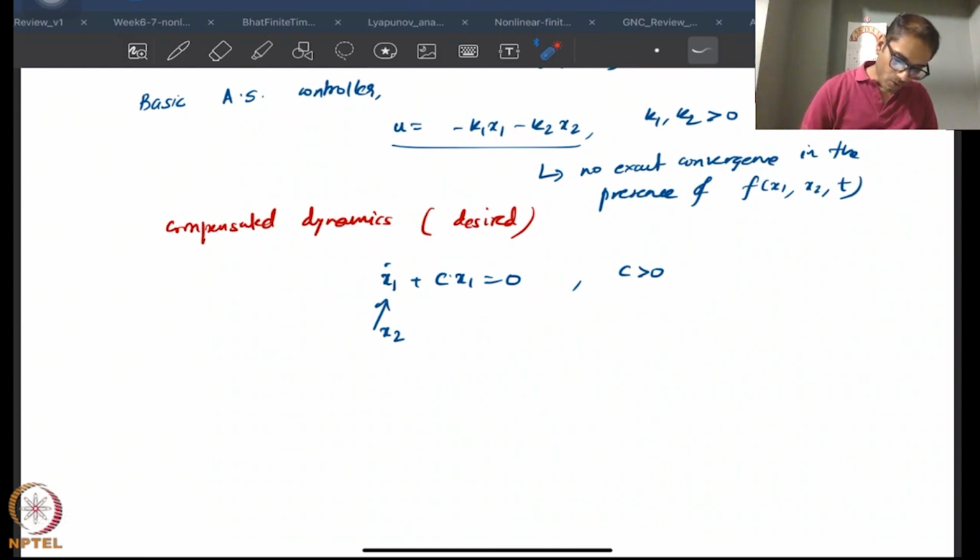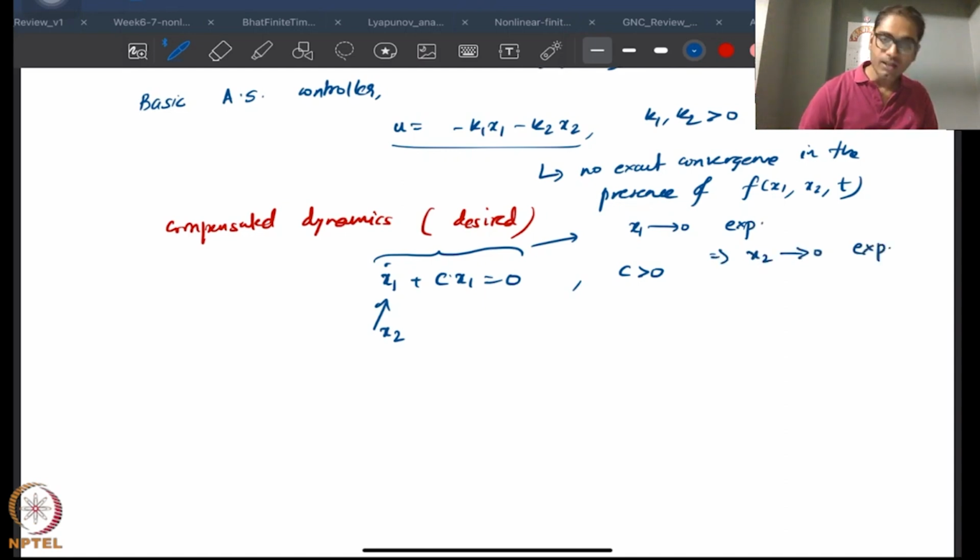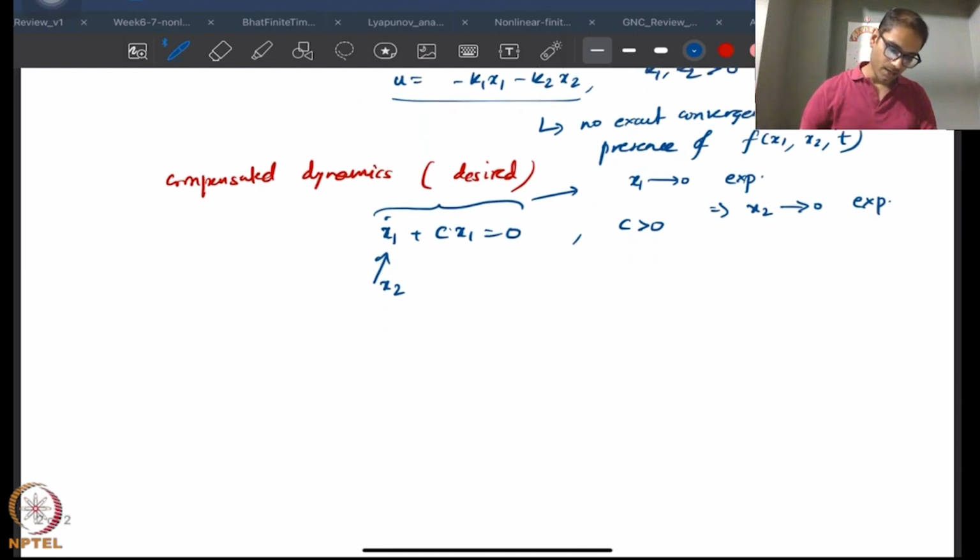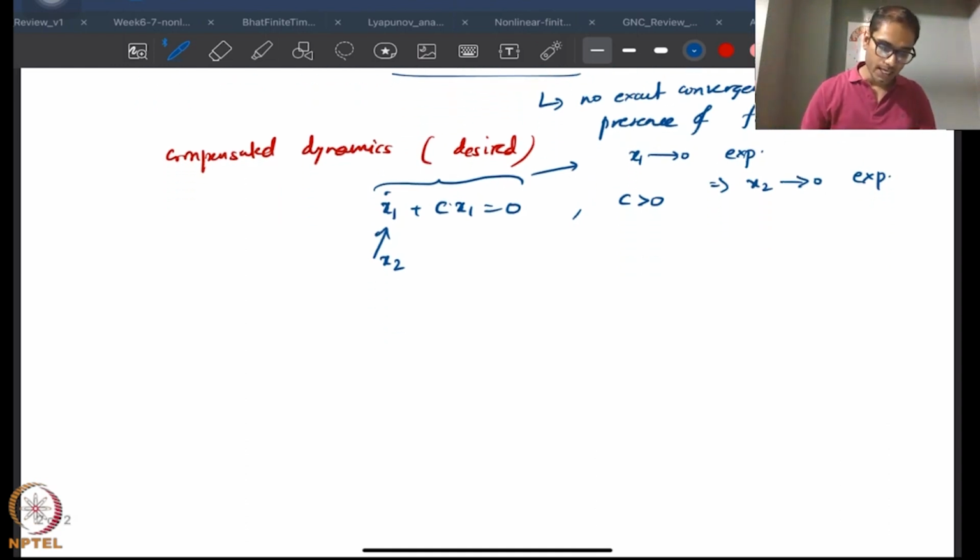What one can also understand from here is that x1 goes to 0 exponentially, which means x2 also goes to 0 exponentially. So if you are able to follow this kind of dynamics even in the presence of disturbance f, this will guarantee asymptotic convergence of both states x1 and x2.